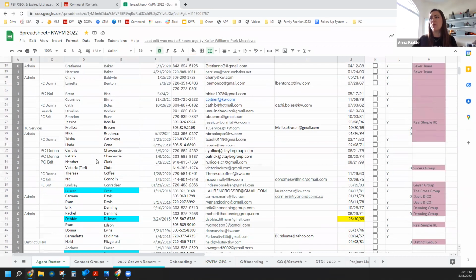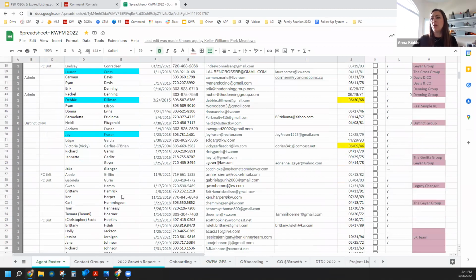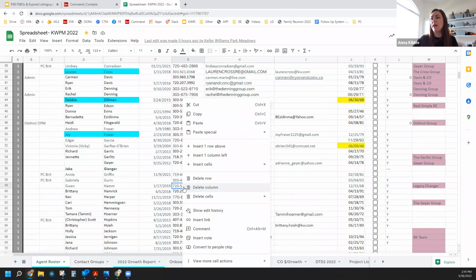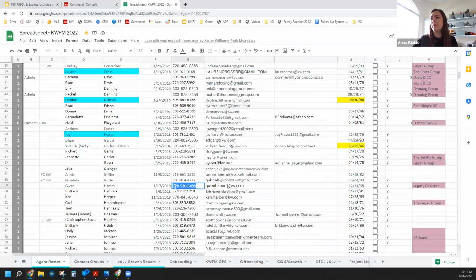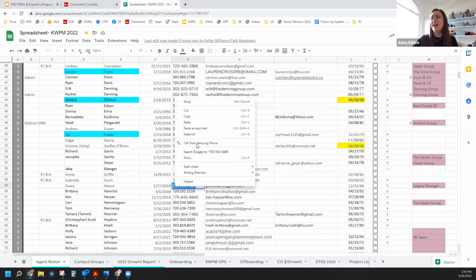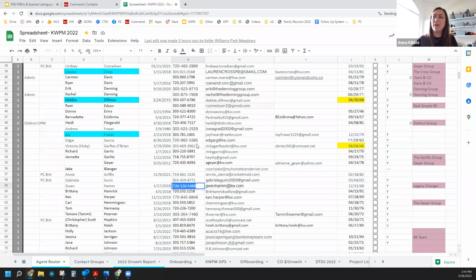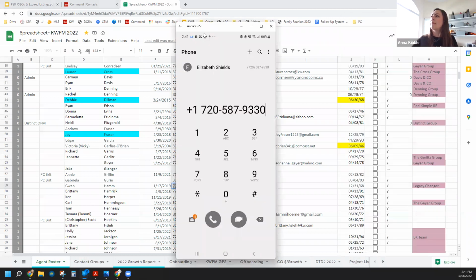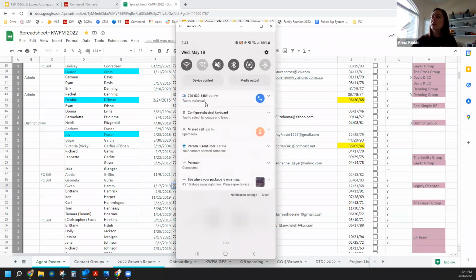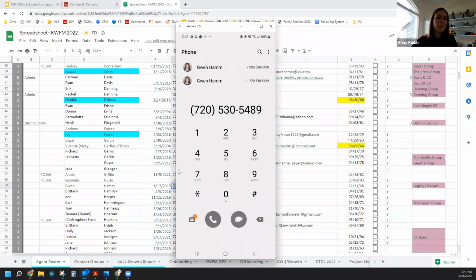Gwen, if I wanted to call you from here, I can find you. I'm just going to highlight your number and right click on it. And I can actually call you right like that. And it does the same thing. So that just sent a notification to my phone. You'll see it up here, that notification, tap to make a call, Gwen Ham. And so you never have to type a number again.